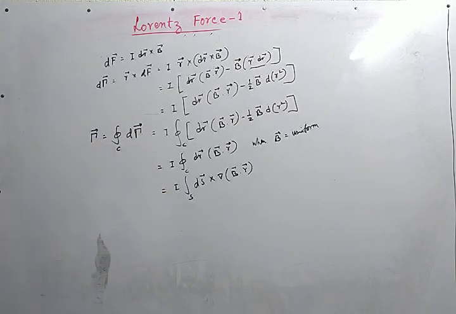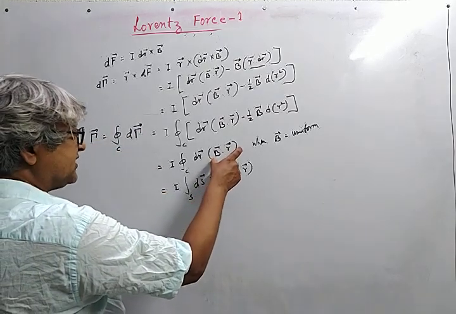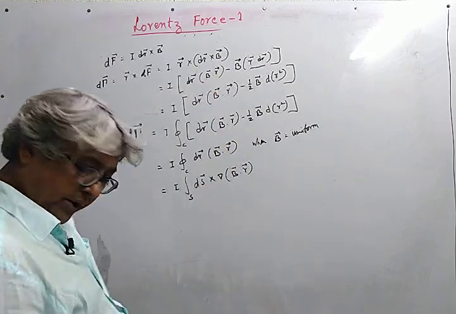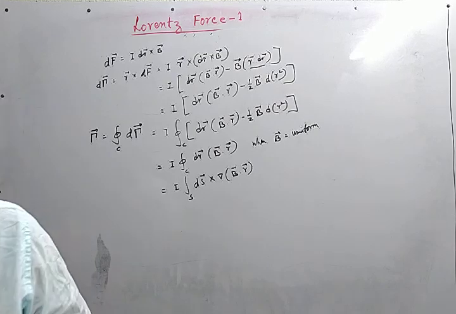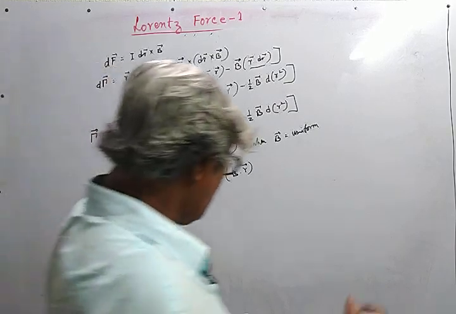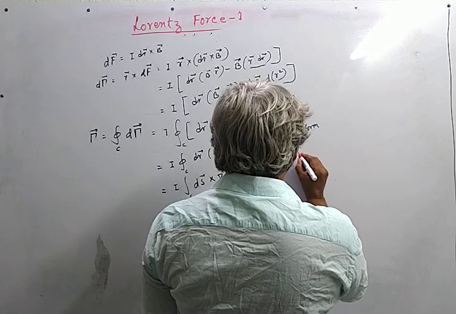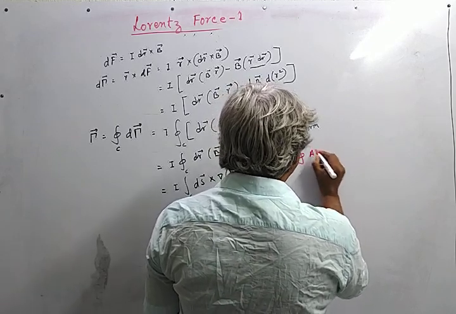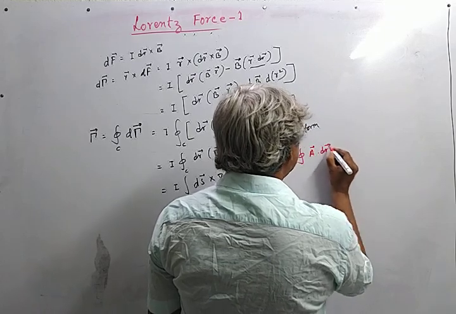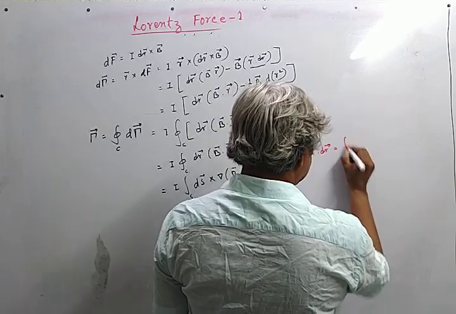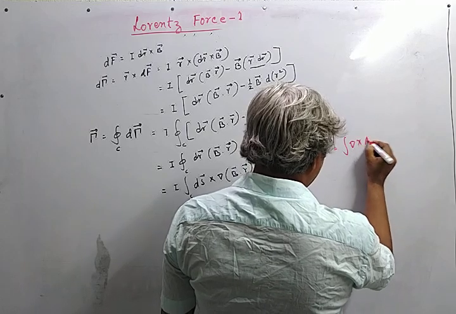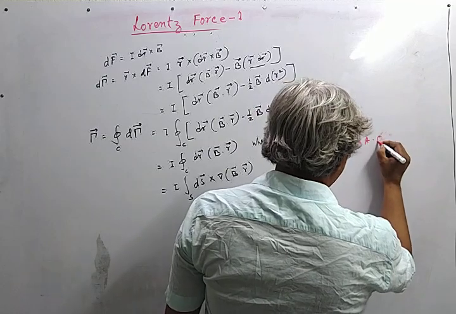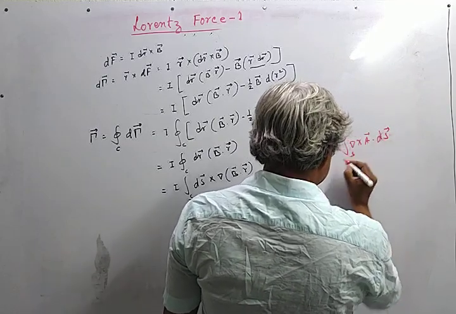This is another form when Stokes law is applicable on a scalar point function. Earlier we applied Stokes law on a vector point function. For convenience, I am writing all the three forms of the Stokes law together. One is the closed line integral of A dot dr is equal to the surface integral of curl A dot ds, where S is the surface.